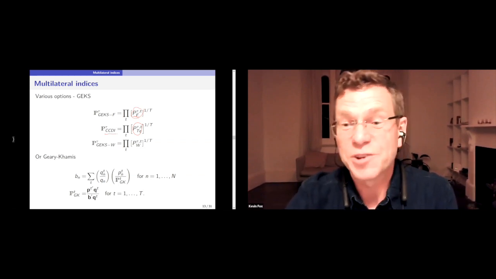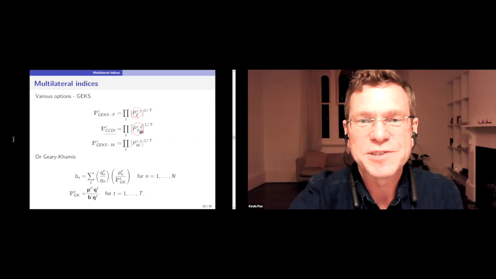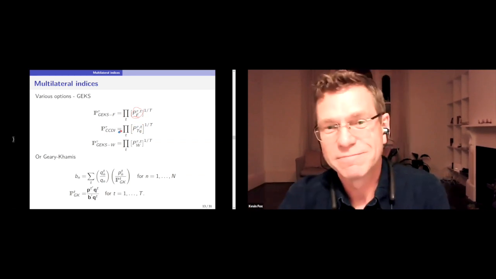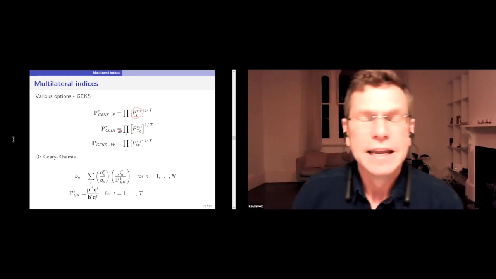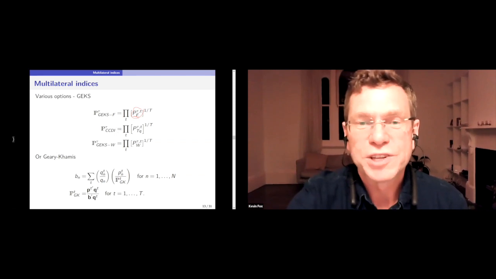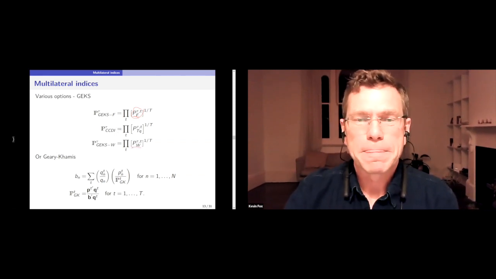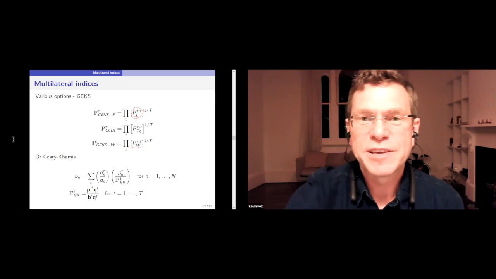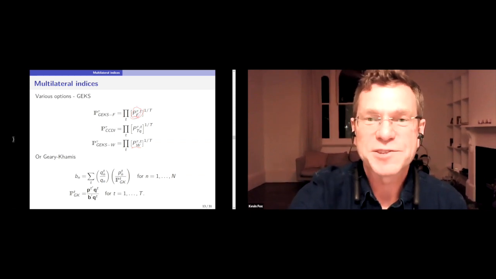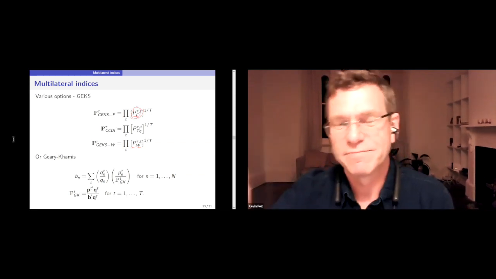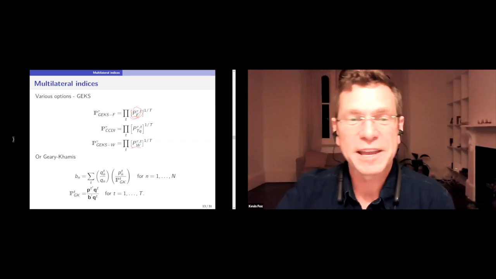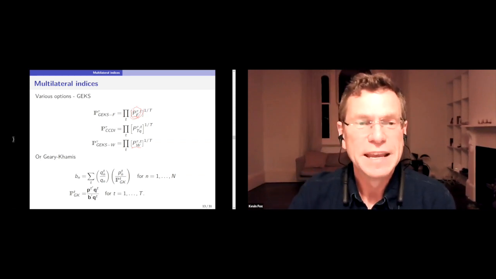It's basically GEKS-Törnqvist, and that's what agencies like the ABS call it, but we're calling it CCDI here. There's also the Walsh index you can put in there. That's another superlative index. So these are all superlative bilateral indexes, the Fisher, Törnqvist, Walsh. We're just performing a transformation on them, if you like, to make them multilateral indexes.